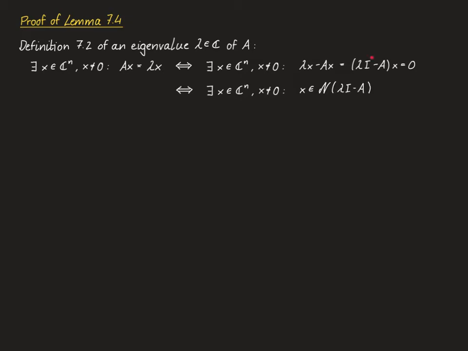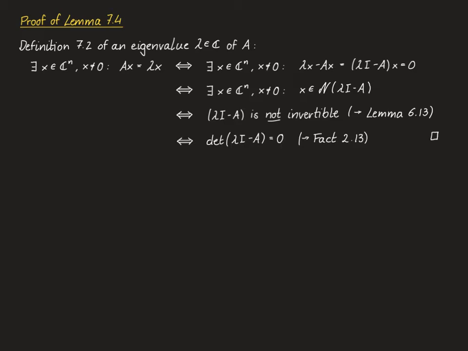By looking at this condition more closely, we see that this means exactly that there must exist a non-trivial vector x, which is in the null space of the matrix lambda I minus A. And by lemma 6.13, this means that the matrix lambda I minus A has to be not invertible, or in other words, it is singular, and therefore its determinant has to be 0.